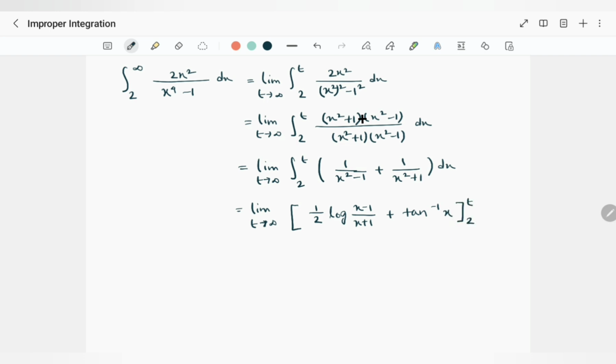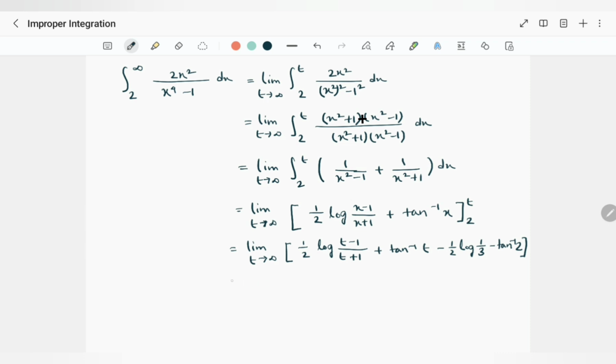Limit is 2 to t. Now this is limit t tends to infinity half of log (t minus 1)/(t plus 1) plus tan inverse t minus half of log 1/3 minus tan inverse 2.